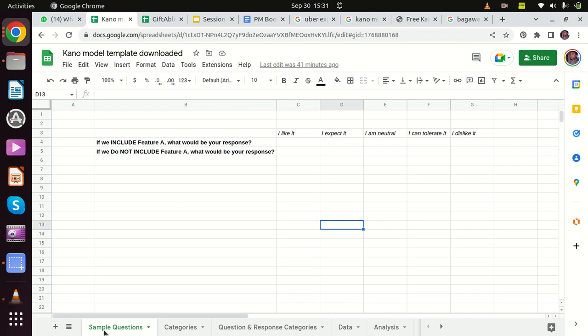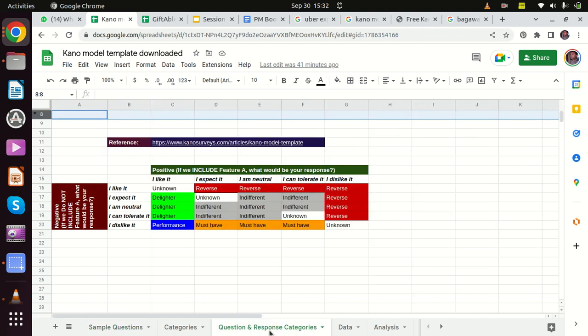Once you have your survey responses for each feature, for a particular client, customer, stakeholder or beneficiary, we will use this reference table to understand how to infer the responses they give to the two types of questions. Let's say for the negative question, if we do not include feature A, the person says, I expect it.